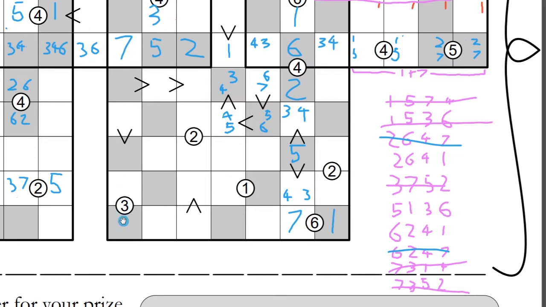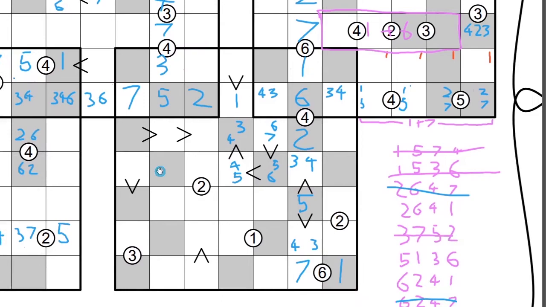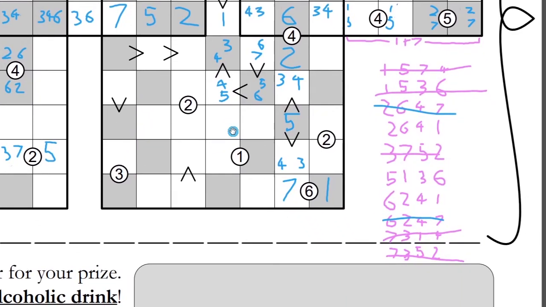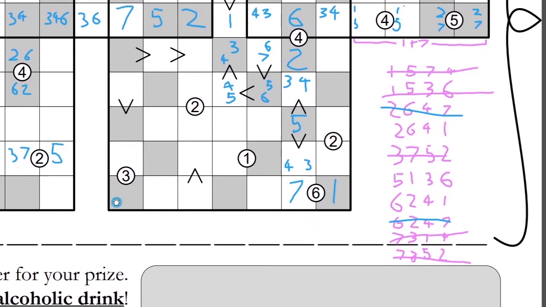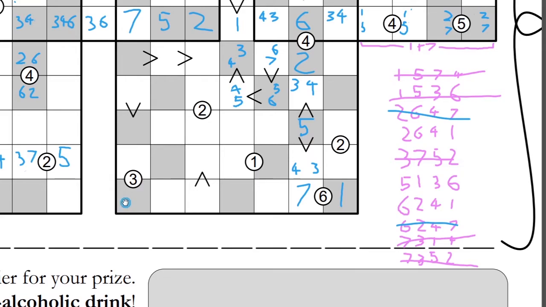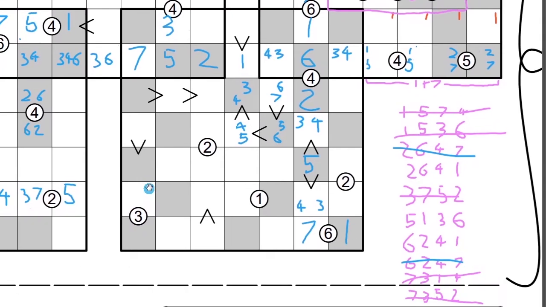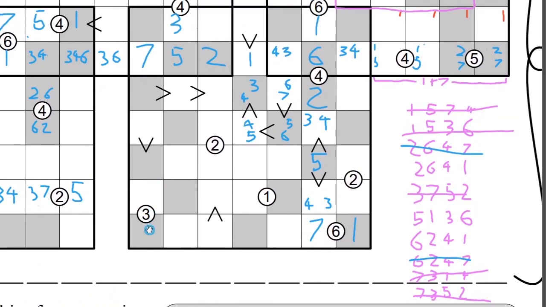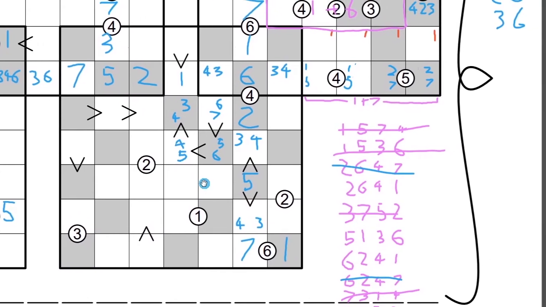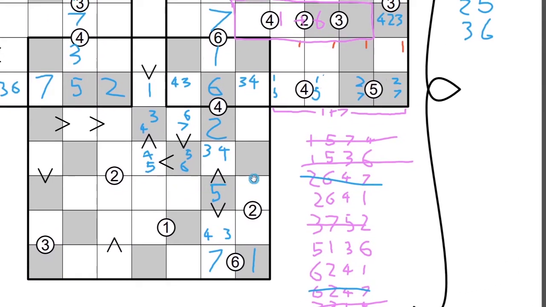I know that 3 doesn't involve a 7 or a 1 down here, but it might on the top, or it doesn't involve 7 at least. So it involves a 1 and a 4 in a specific direction, or a 2 and a 5 in either direction, or a 3 and a 6 in either direction. Okay, there's a 2 here.